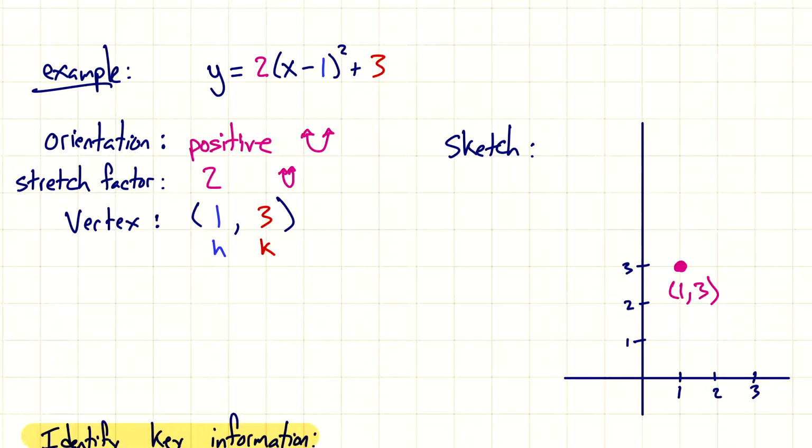So normally, if its stretch factor was 1, I would always start with points like this. A parabola always looks like that. But it's supposed to look skinnier than that. So instead of up 1 over 1, I'm going to go up, let's use a different color, up 1 over 1, up 2. All right, so twice as high.